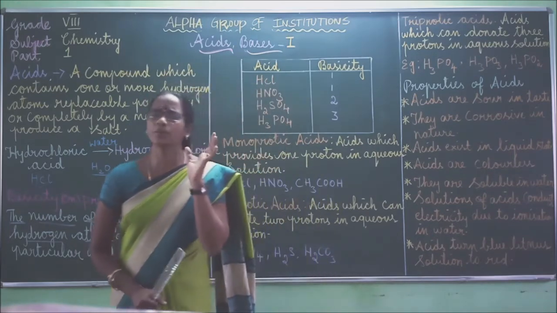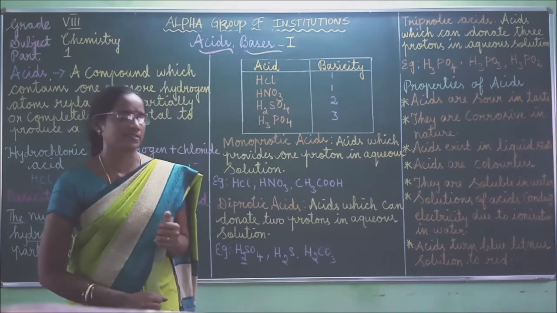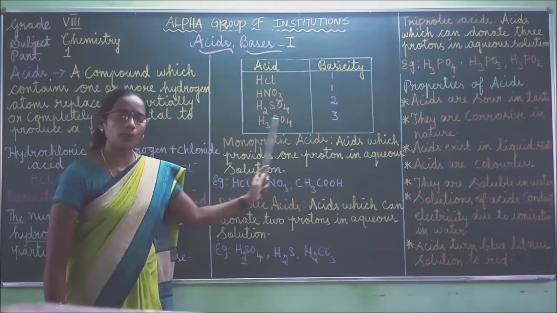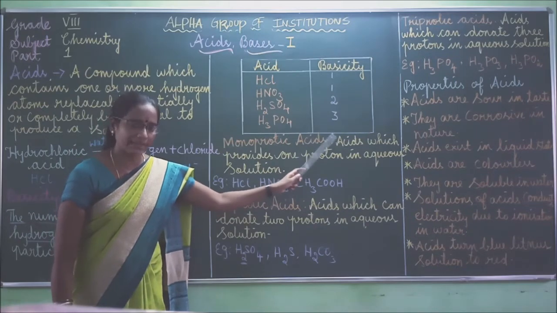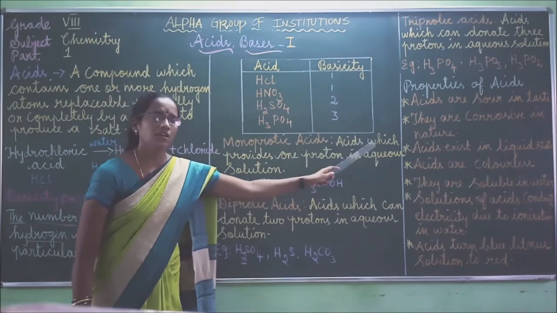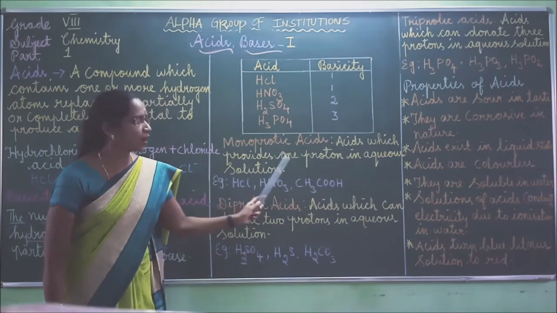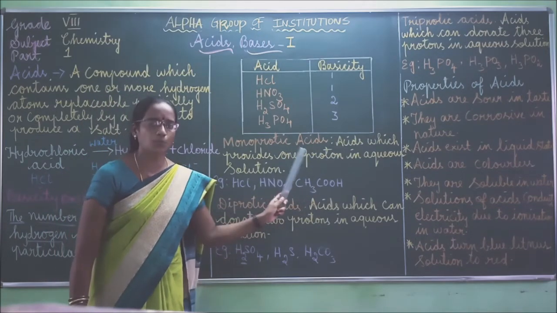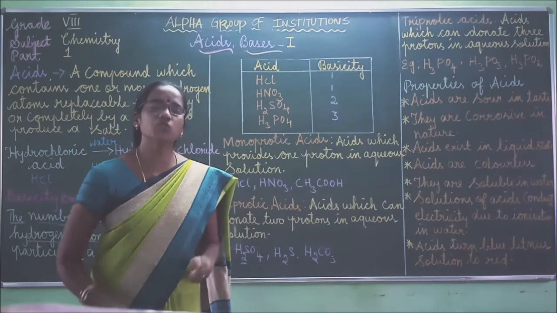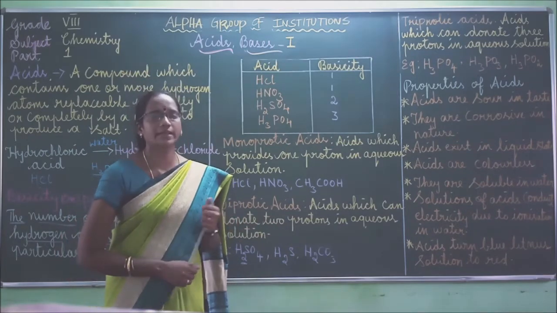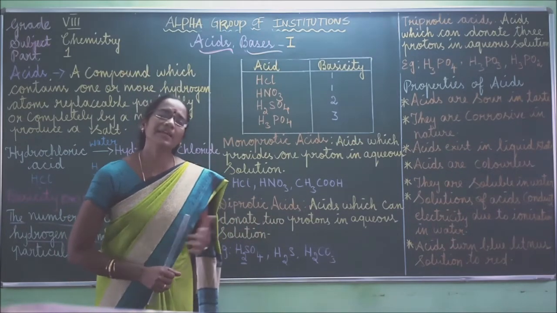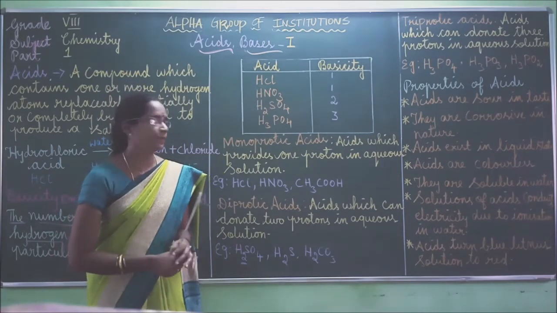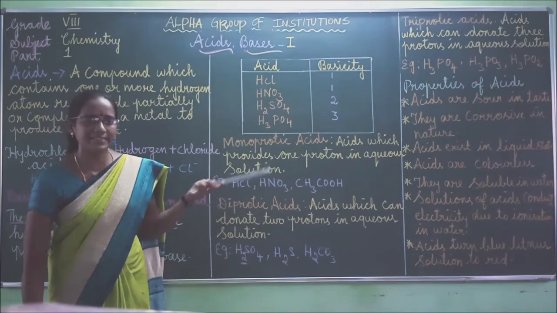So what is meant by monoprotic acids? Monoprotic acids are defined as acids which provide 1 proton in aqueous solution. Provides is nothing but releases.